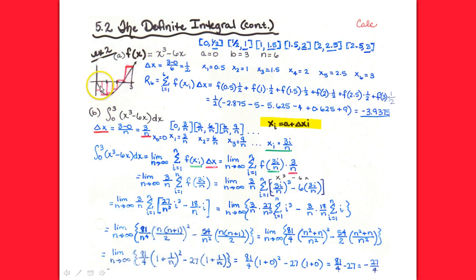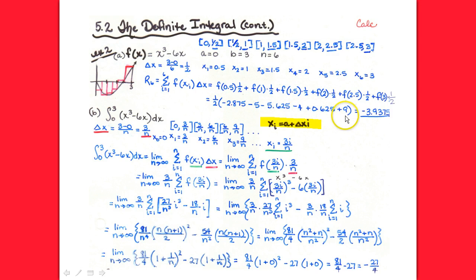If you'll notice, this portion of the curve is below the x-axis. So yes, that y value is going to be negative. So if you take a negative height times your change in x base, you're going to get a negative area for this rectangle. And so we got a negative value for each of these first couple of pieces, and then we'll get a positive value at the end.